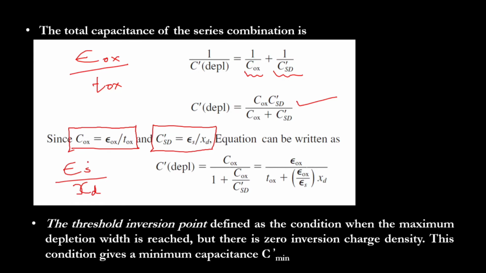So I am going to substitute those values over here, and slightly modify it. I will be getting like this. Okay, so I am going to substitute this expression for COX and this expression for CSD, and this is all mathematical rearrangement, you can easily understand.